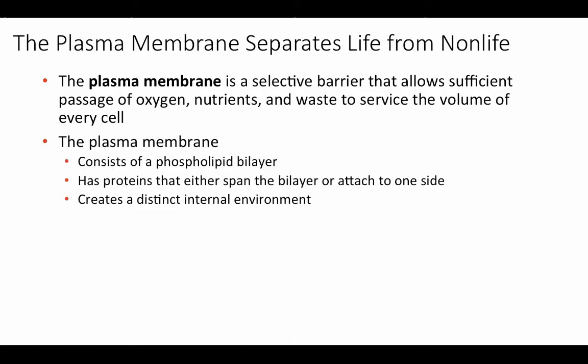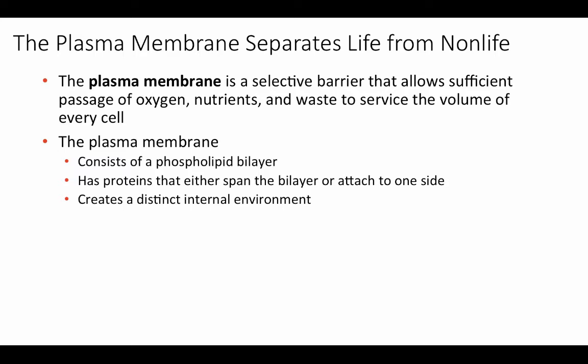As we've mentioned before when we talked about lipids, the plasma membrane is composed of a phospholipid bilayer and is embedded with these proteins that can either span the entire thickness of the bilayer or attach to one side or the other. Again, it's very important in homeostasis, creating a distinct internal environment that's going to be regulated under a narrow range of conditions that are optimal for the life processes that the cell is undergoing.